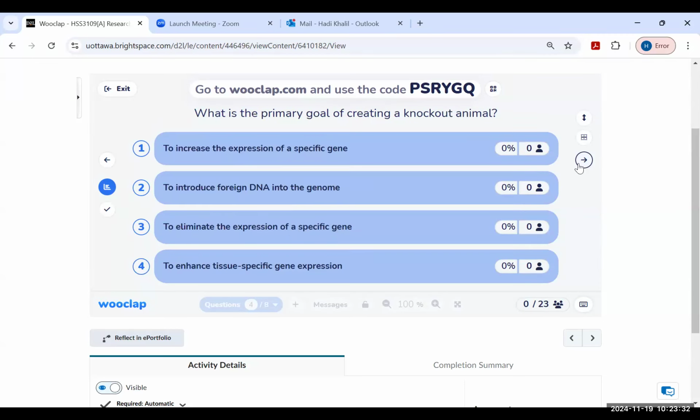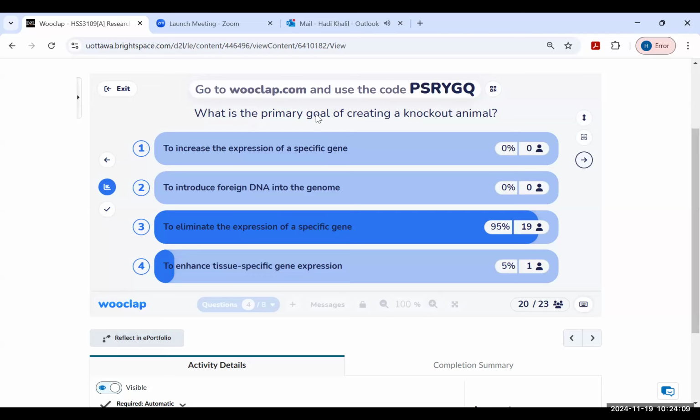Okay. What is the primary goal for creating a knockout animal? So when you're reading a question, please be careful between the details.